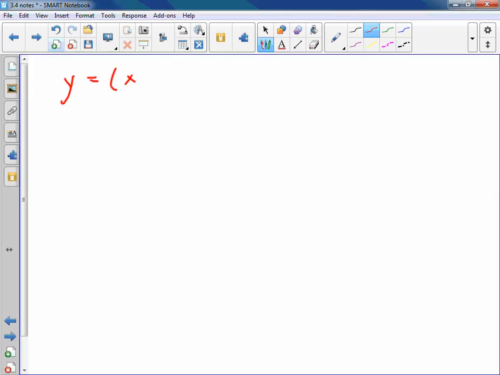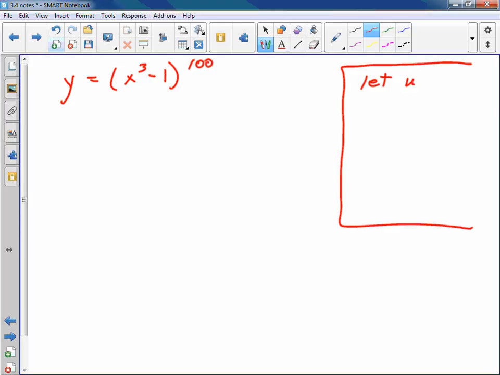Y equals x cubed minus 1 to the 100 power. Freak out, big numbers. Okay, once again, let u equal x cubed minus 1. Then dy du equals what?